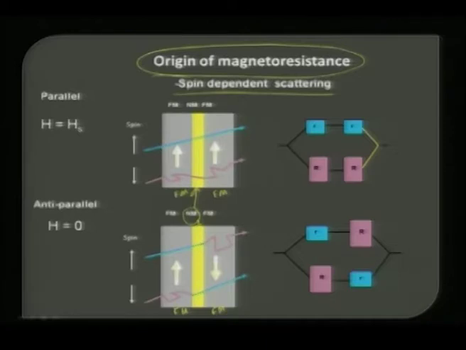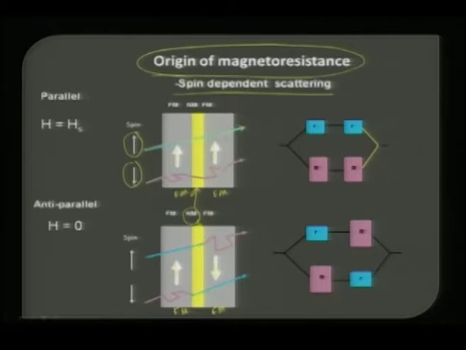Now you have both situations, a spin up electron and a spin down electron. Spin up electron, when it is going from this layer to this layer as you are measuring the current, because these two are up spin in this direction, there is no scattering, it will just go across this interface, whereas the spin down will get scattered a little bit here and then it will go through, and again it will get scattered here.